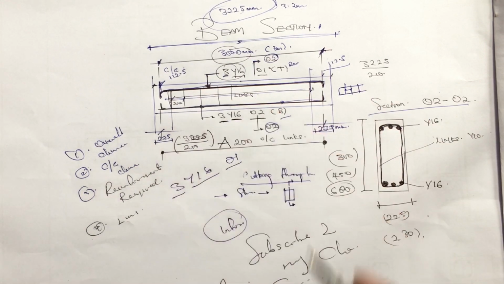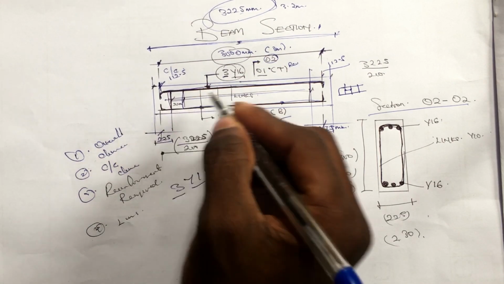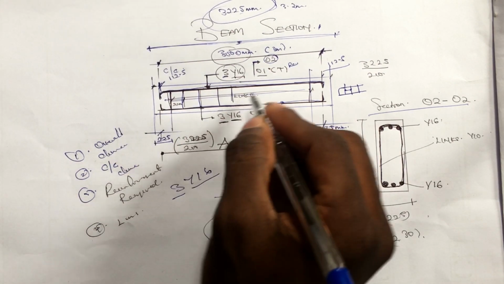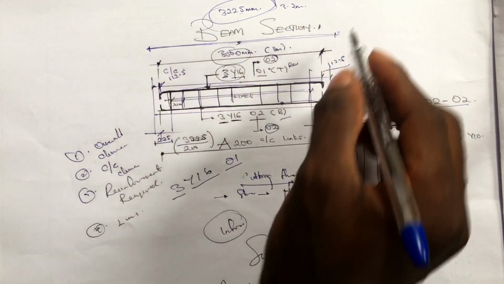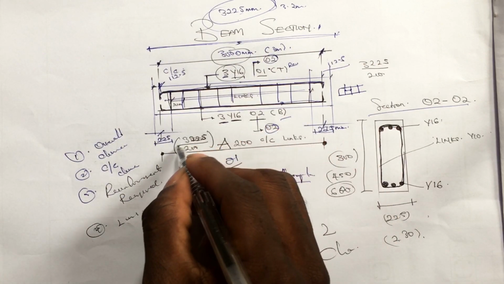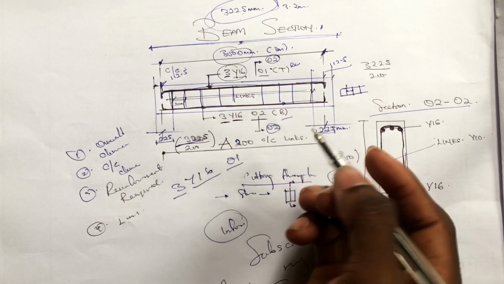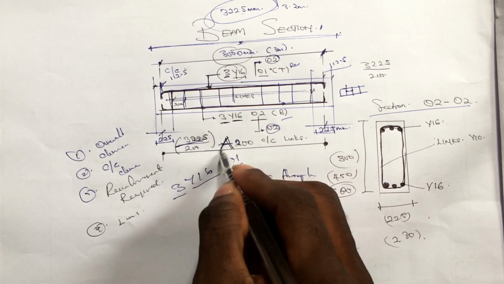Now the links, it depends on what we are making the center to center of the link, like the distance between a link from the other is what actually makes us derive the number that is needed. So if the overall dimension of our beam is actually 3225, dividing it by our center, we actually know the number that is required.